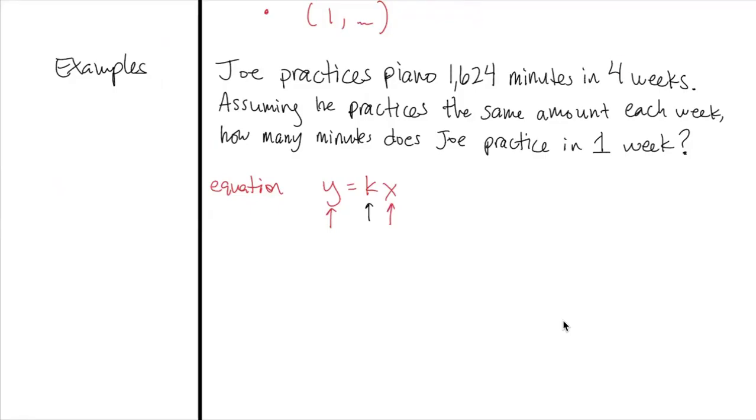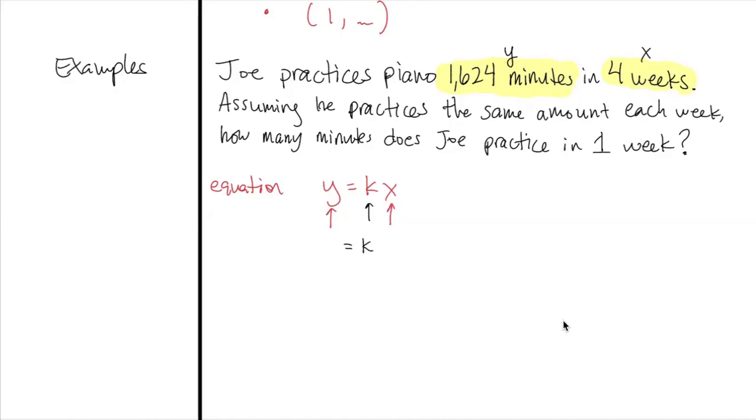I have weeks being one variable, and minutes being the other variable. As I add weeks, I'm going to get more minutes. So weeks is my x variable, and minutes is my y variable. Go ahead and write an x above 4 weeks and a y above 1,624 minutes. And we're going to plug those in.